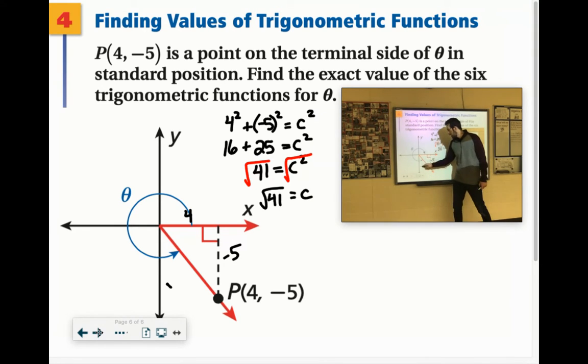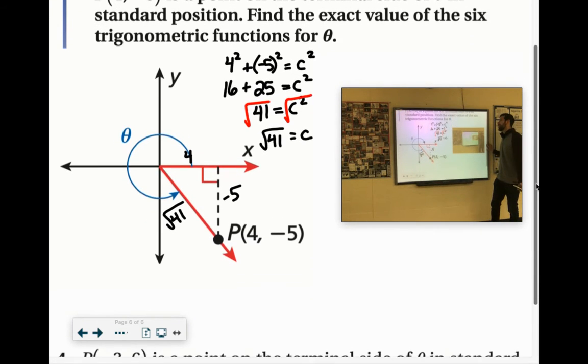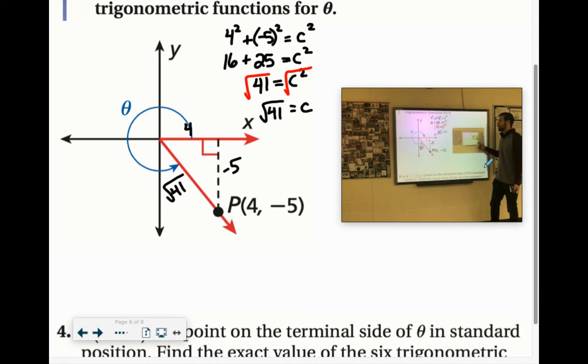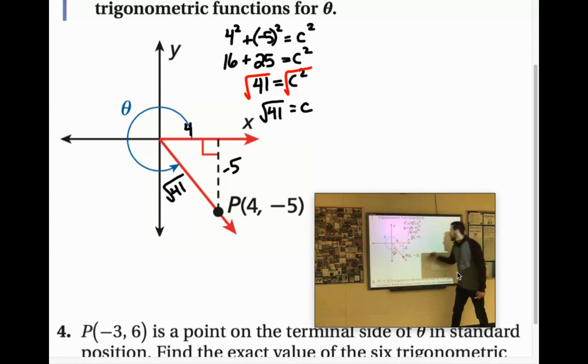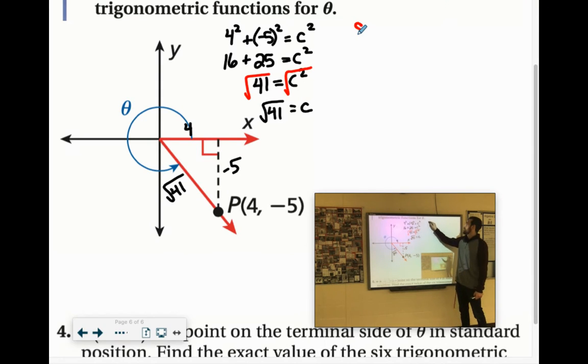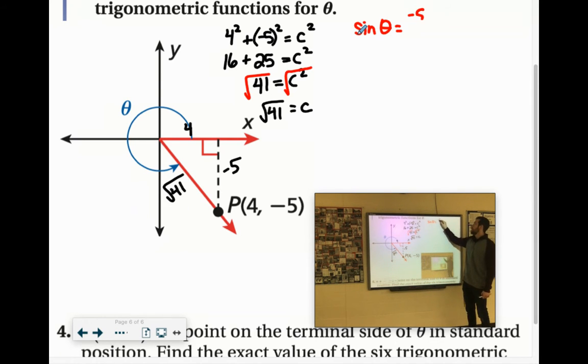So let me label that as root 41. So now we have actually all the information we need for the 6 trigonometric functions. So let's try this out. Sine theta is the opposite, -5, over the hypotenuse, which was root 41.